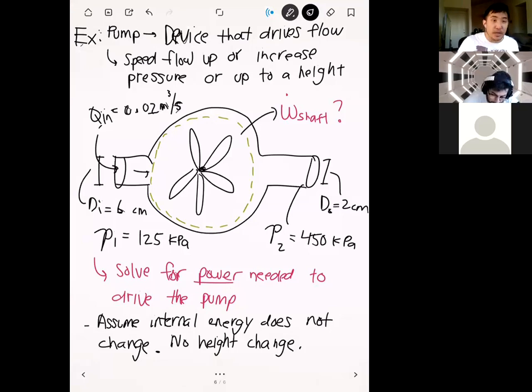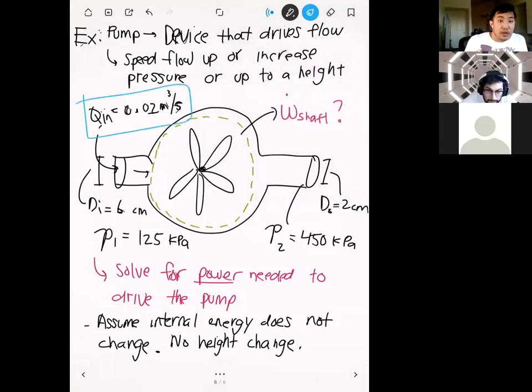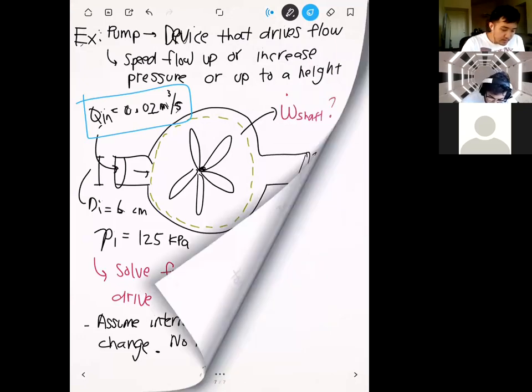And so the only terms that we're going to consider are basically just the pressure and the velocity. And so we're not given velocity here, but what we are given is the flow rate. Okay, so we're given Q in, and what we can do is use that Q in and solve for the velocities. Okay, so let's go ahead and do that.